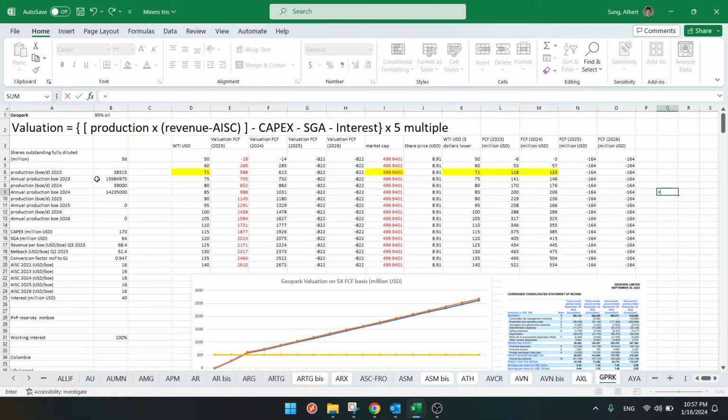Is annual production divided by 4 times 68.4, 240 million revenue. And I have 200 million here.